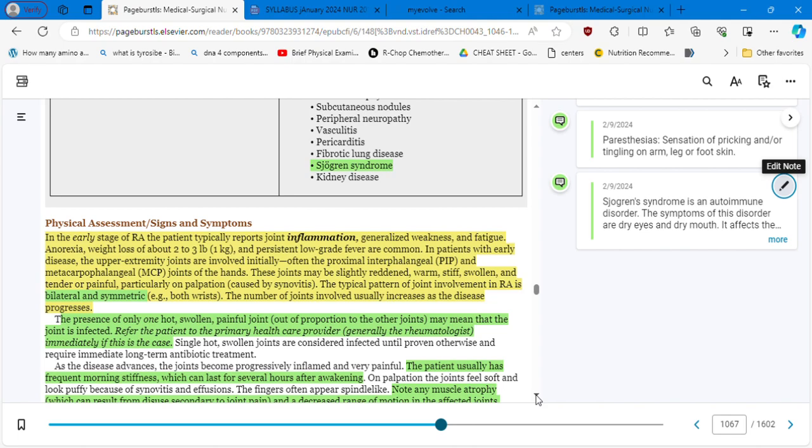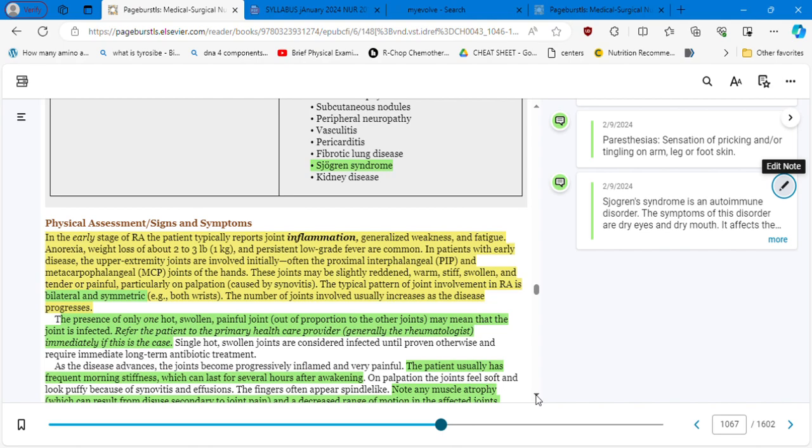The patient typically reports joint inflammation, generalized weakness, and fatigue. Anorexia, weight loss of about 2 to 3 pounds, and persistent low-grade fever are common. So in early stage, we have generalized weakness, fatigue, anorexia, weight loss, persistent low-grade fever.